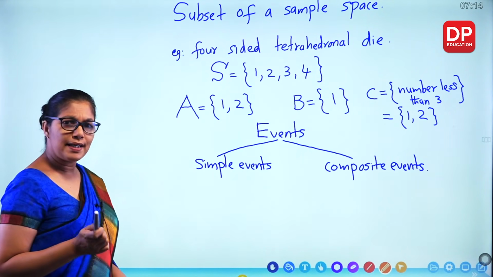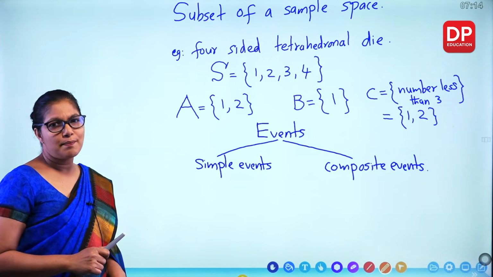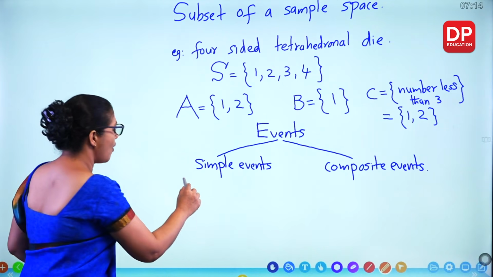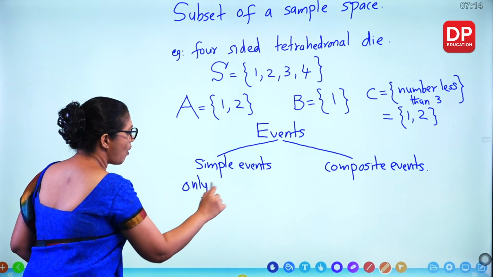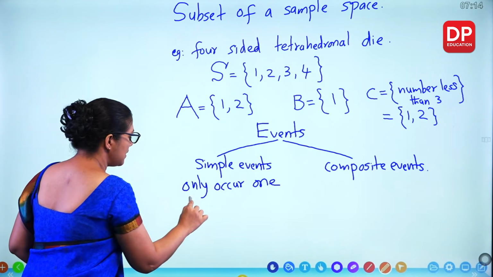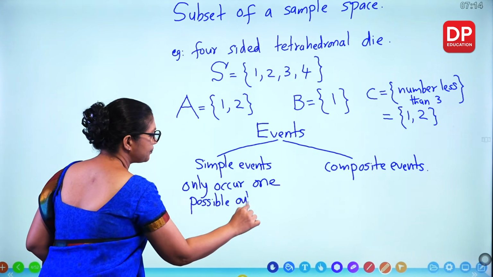So what are simple events? When only one possible outcome occurs, we call those simple events.